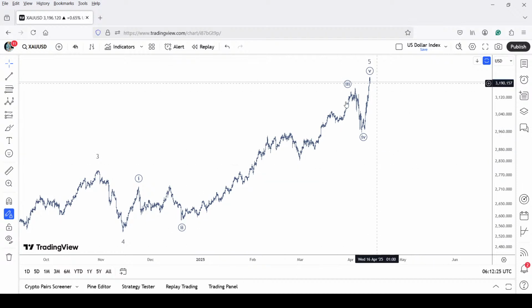Wave three might have been extended, and right now we are facing a final thrust within the fifth wave, which looks either complete or maybe just one more high. The 32.25 has already been printed, and let's have a look at lower degree counts first.